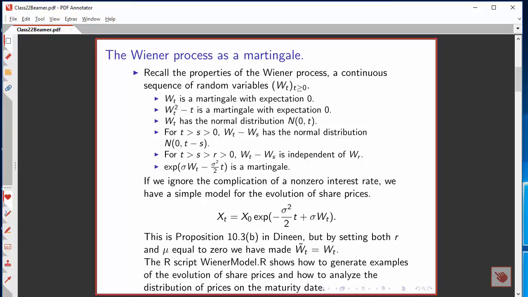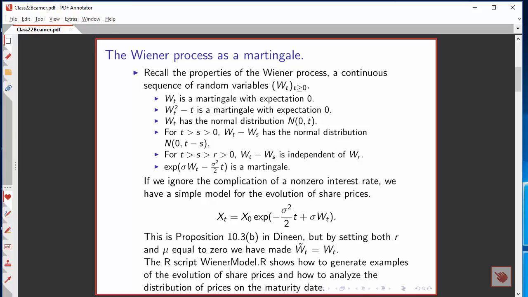If you consider 2 times s and t, where s is the earlier time, the difference between the values of W at t and s has a normal distribution whose variance is just t minus s, and there's a nice independence property. If t and s are both greater than r, what happens in the interval between s and t is independent of what happened up through time r.